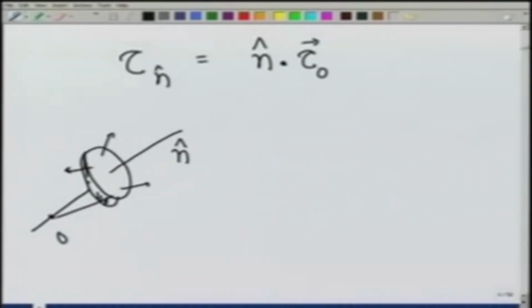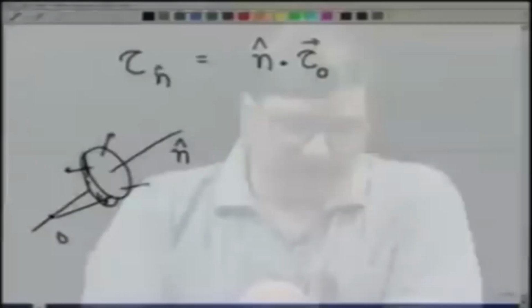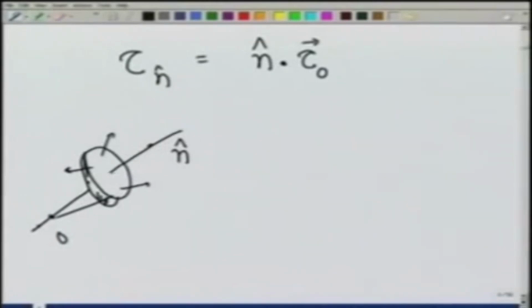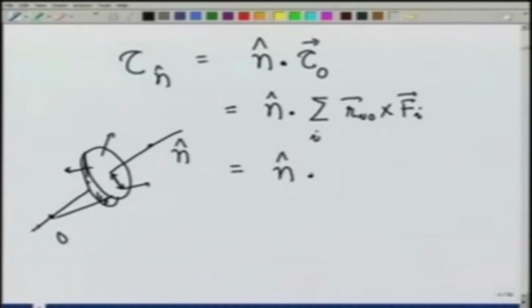Although I am writing origin O, the torque about an axis is actually independent of where this origin is taken, because it only depends on the perpendicular distance of the forces from the axis. So, this I can write as n dot summation over i of R_iO cross F_i, and to emphasize that this is really independent of the origin, I will write it further as n dot summation over i of R_i cross F_i.